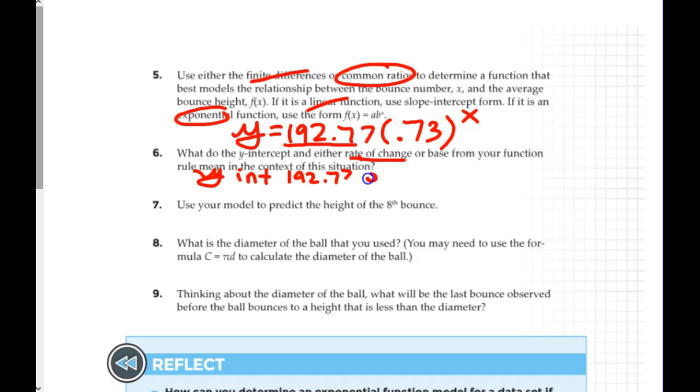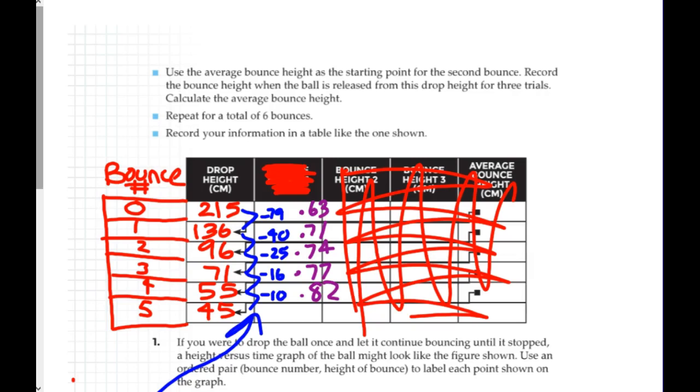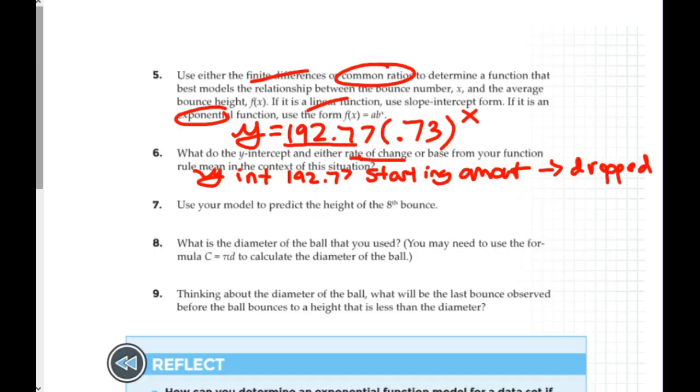It is the starting amount where it was dropped. Okay? So again, in the original data, we dropped it at 215. When we do the regression, it has to adapt to the data.